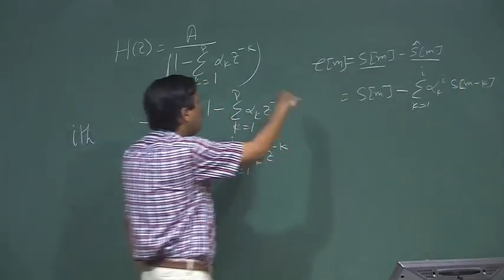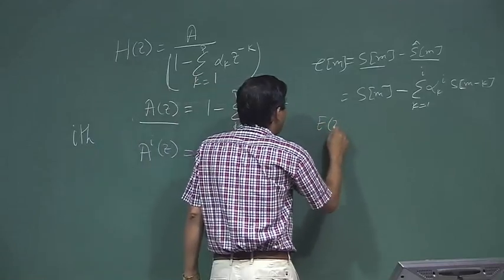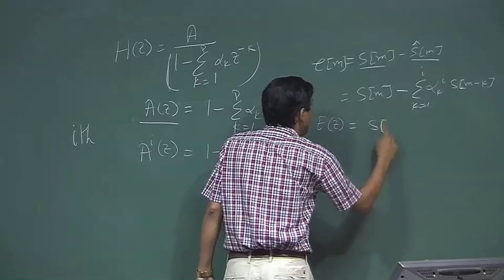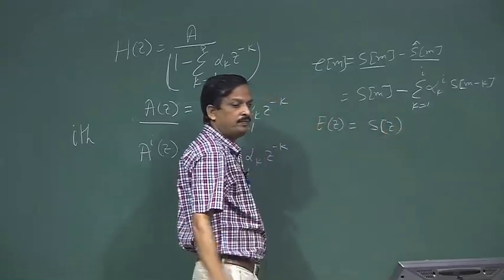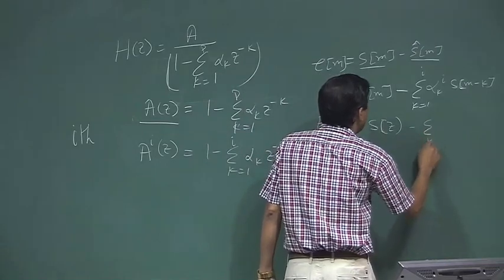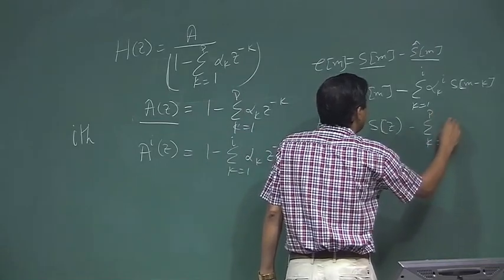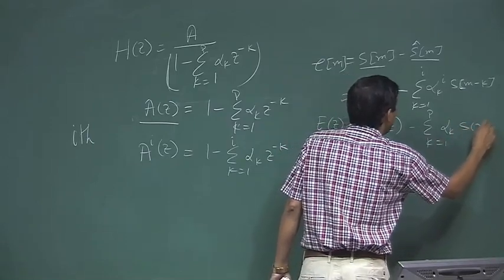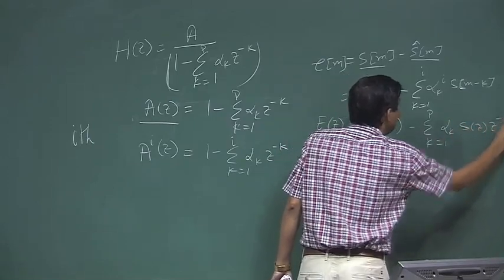In the Z domain, E(z) is S(z) minus the sum over k equal to 1 to p of alpha k S(z) z to the power minus k.